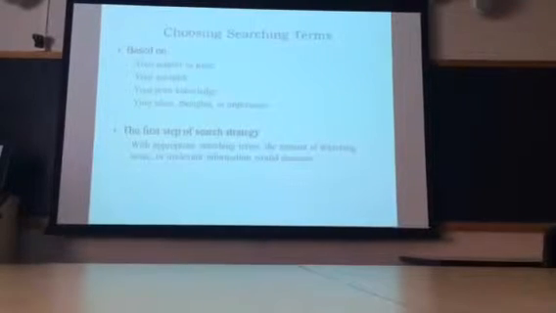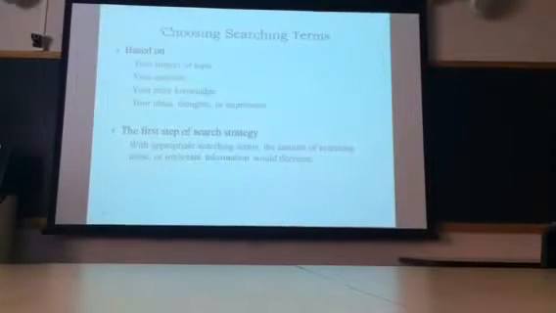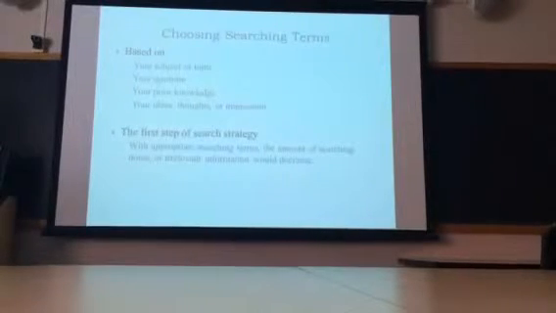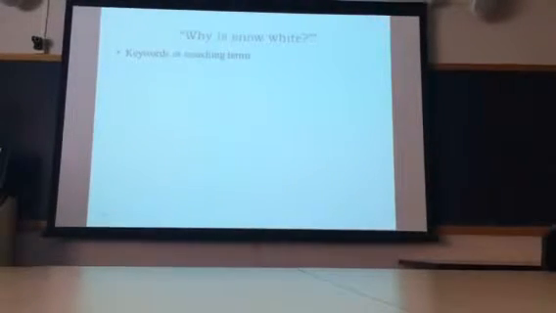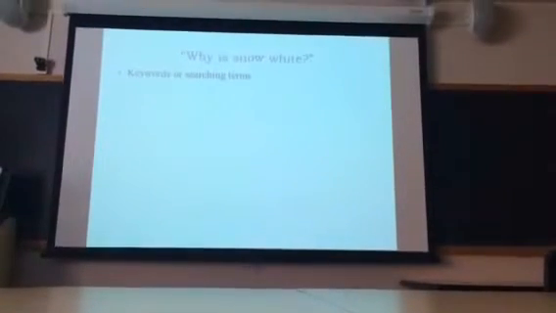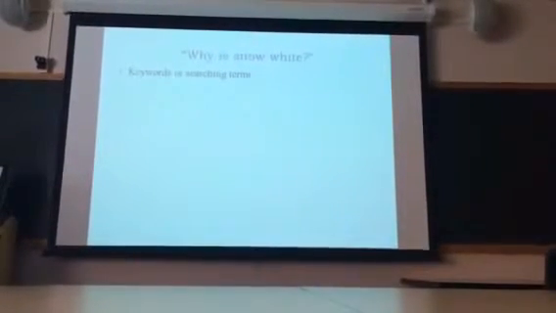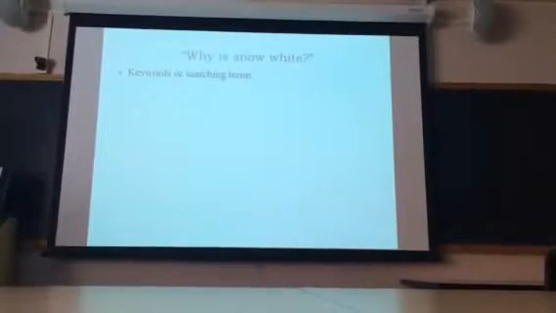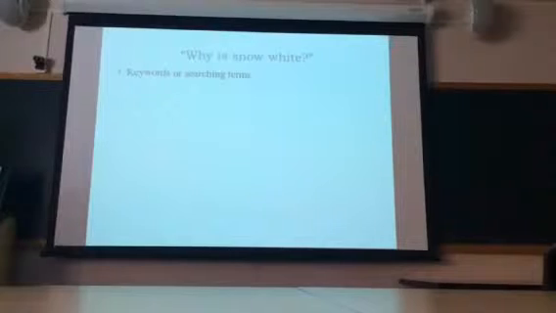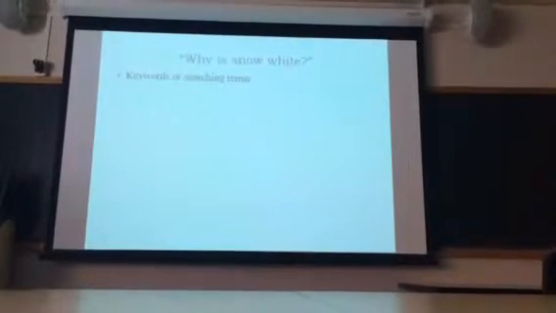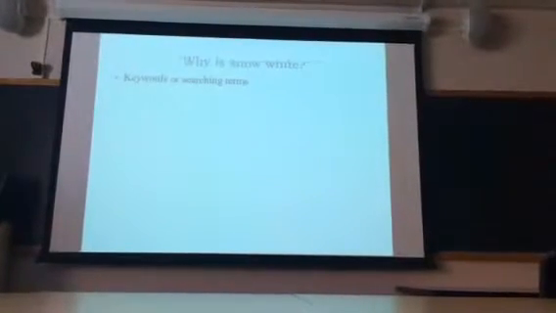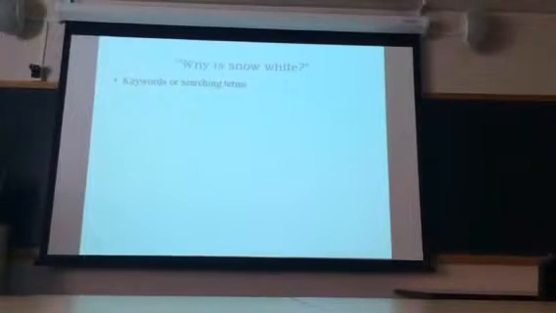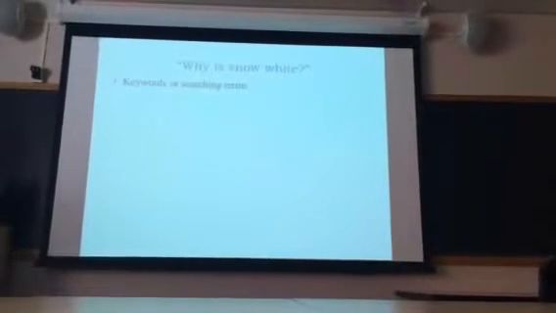For example, let's imagine that you will search for information to answer this question. Why is snow white? It sounds a little stupid, but why does snow look white in color? Which keyword will you use to answer this question? Snow? Yes. Maybe color. Color, yes.